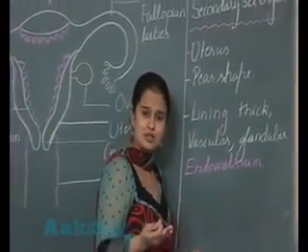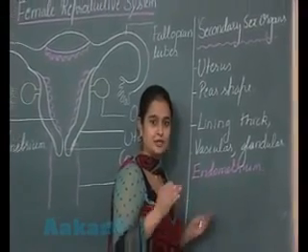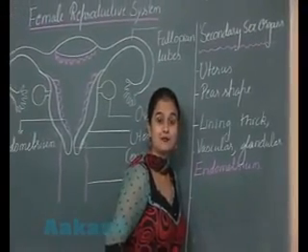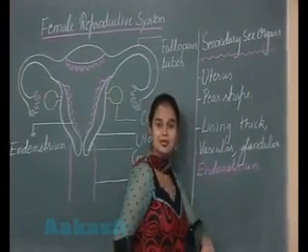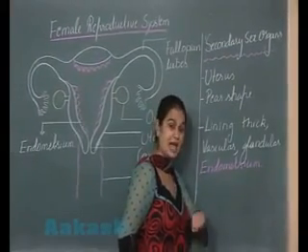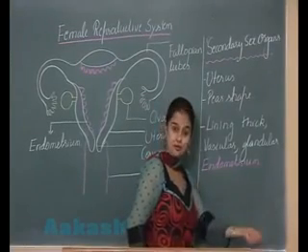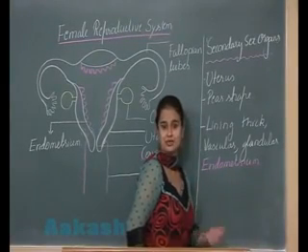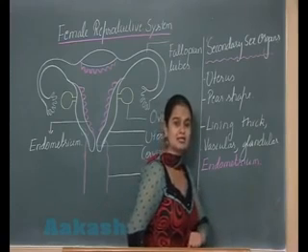Now the uterus works like a womb. What do you mean by womb? It is at this place that the embryo will develop. The embryo will show growth, and after growth results in the formation of the baby. So why is it known as womb?